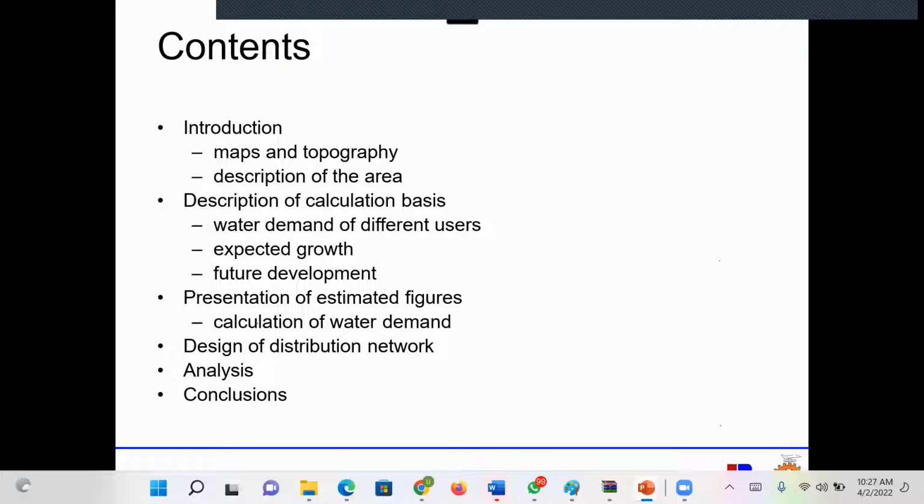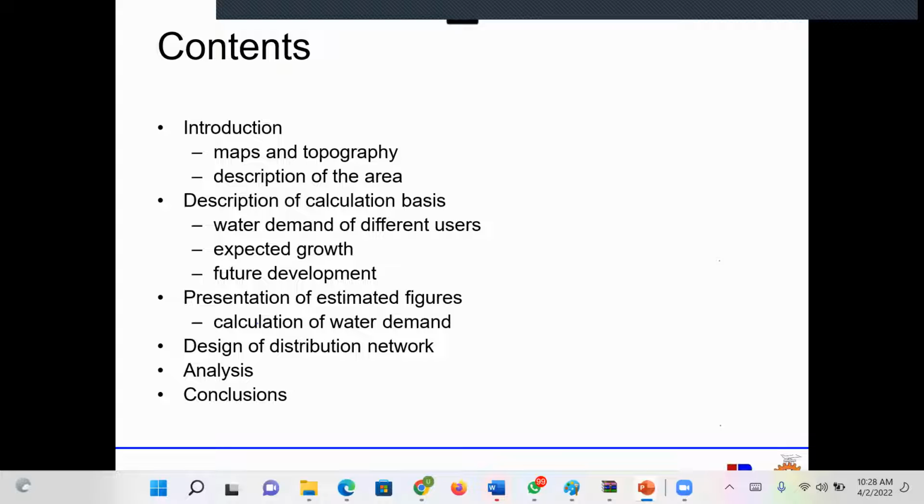The distance between the water source and the elevated tank, or the highest point within the catchment, is about 10 kilometers. But that is what they have. They can't help it because you must pump water to the upper reservoir so that during distribution, it will go by gravity. The next thing you need to do is calculate your water demand for the people. And in calculating your water demand, you must take cognizance of three things.